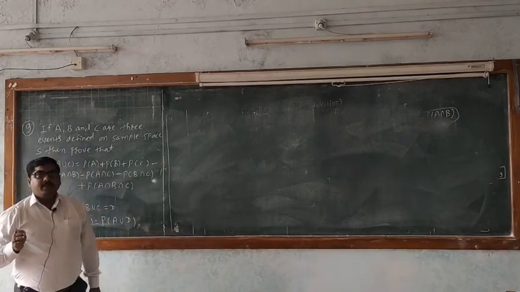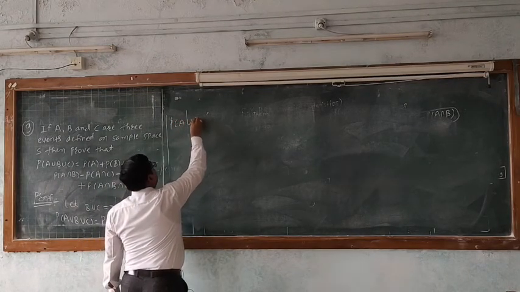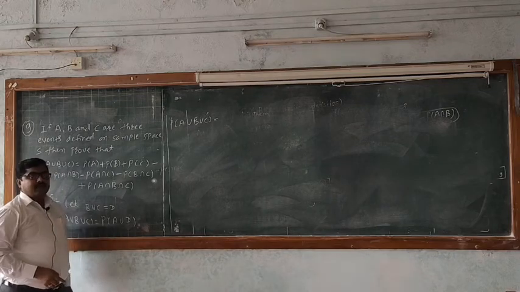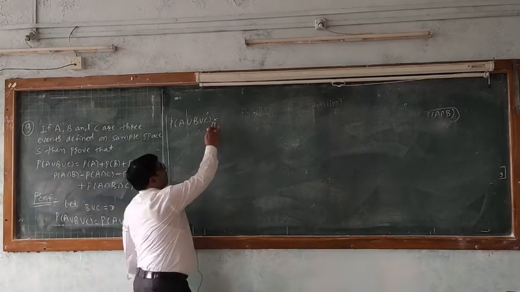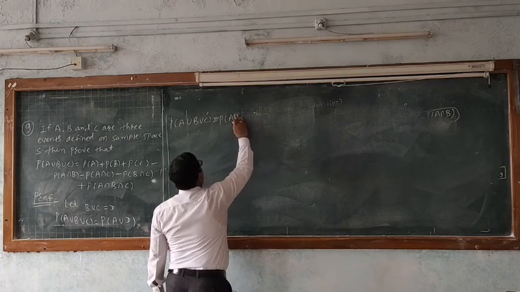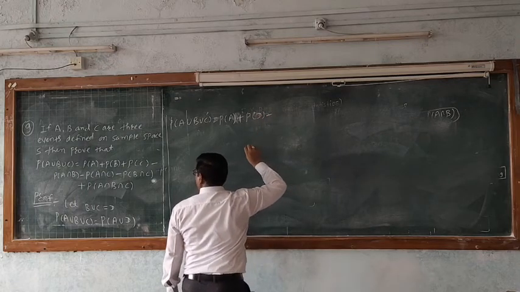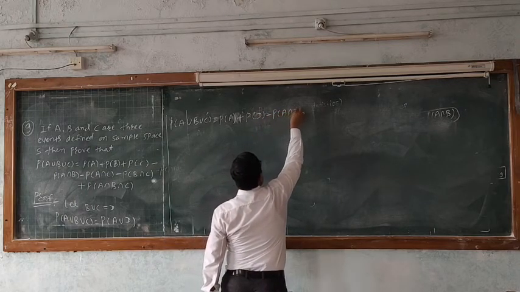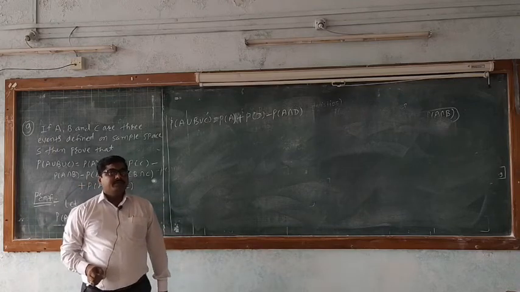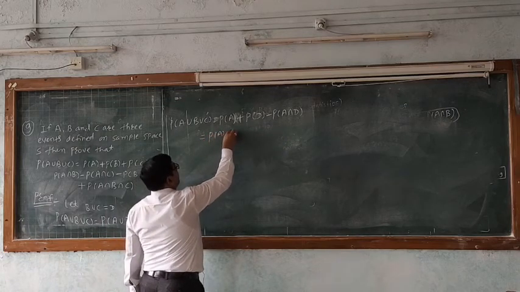Now we know the addition theorem for two events, so probability of A plus probability of D minus probability of A intersection D. Now P of A plus, what is D?